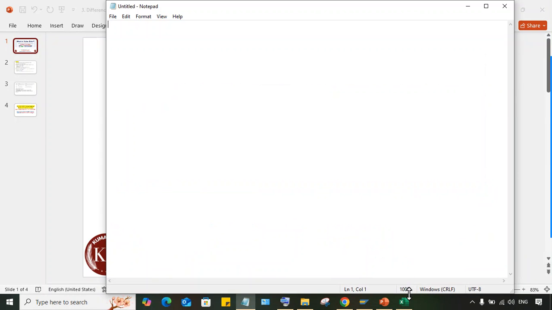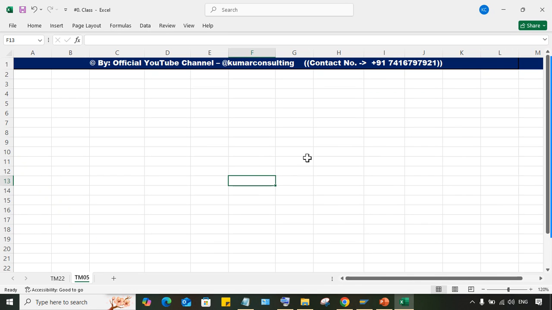Let's have a look. Take the example of a vendor payment. Let's suppose we have made a payment to the vendor on this date. But what is happening, guys?